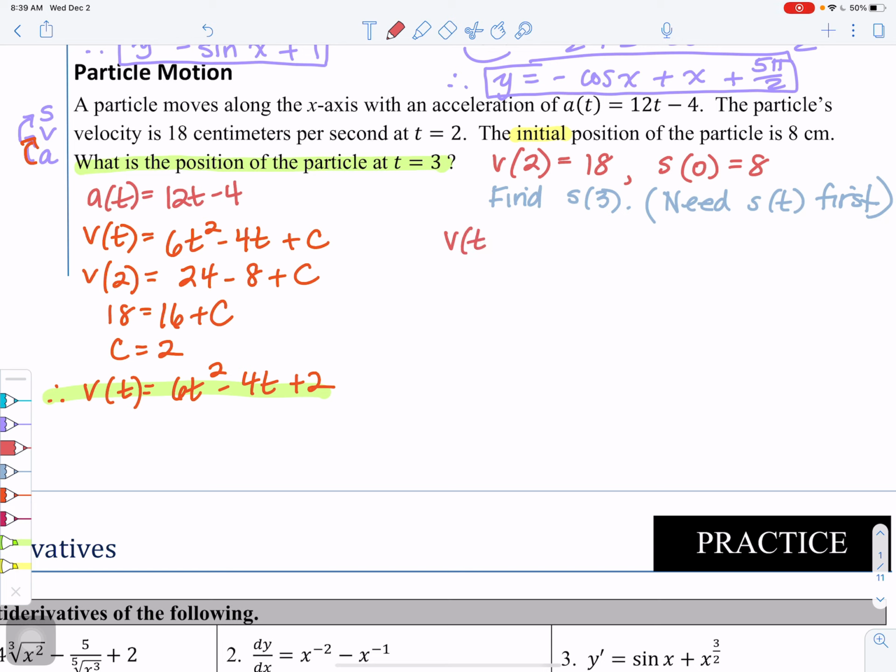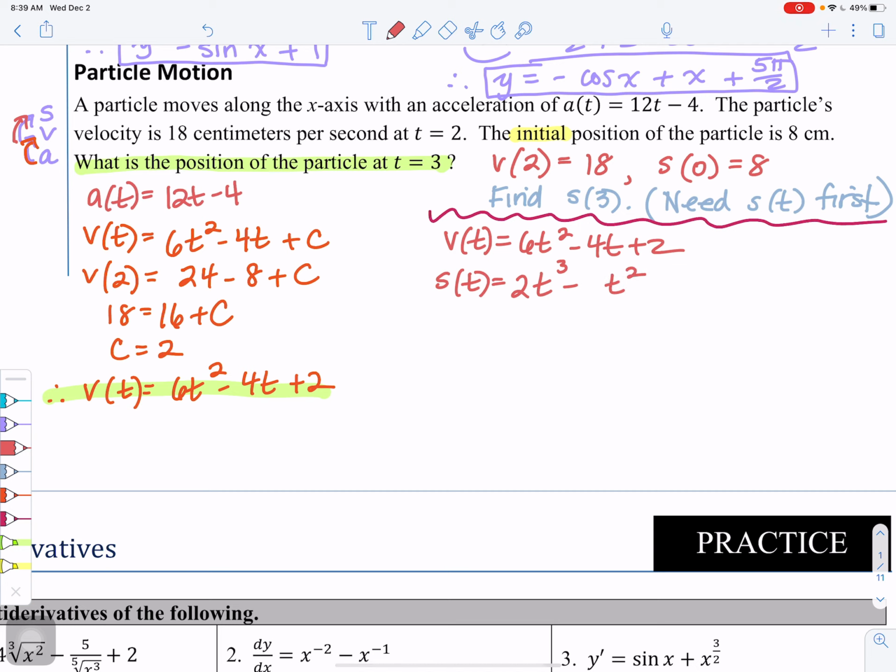So let's go back up here to V of t equals 6t squared minus 4t plus 2. And let me just go ahead and separate all of this. Okay, now we're going to go one more to position, find the antiderivative, add 1, divide, add 1, divide, and now I have a new constant.